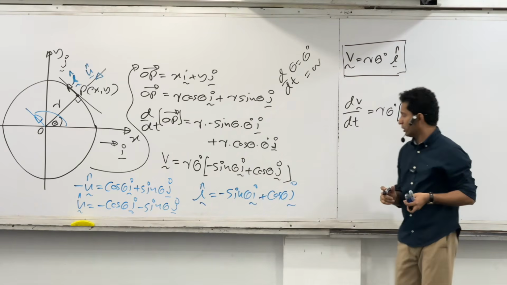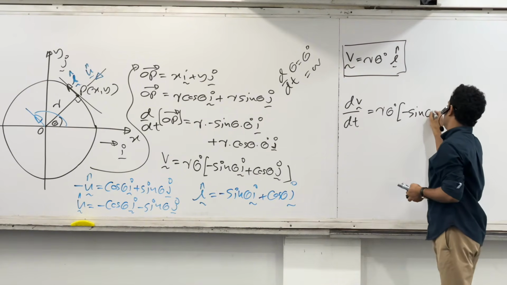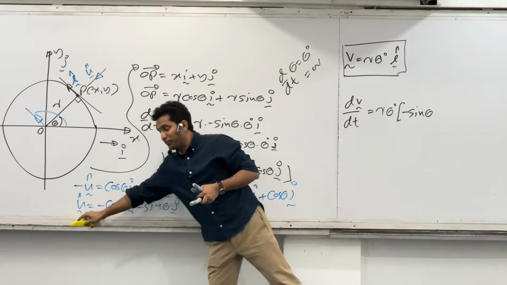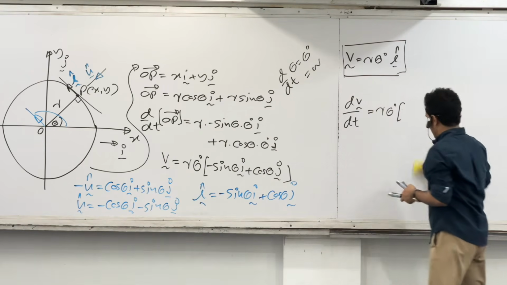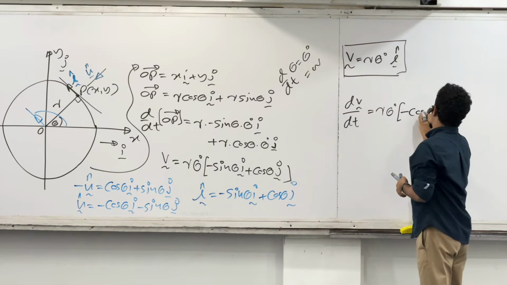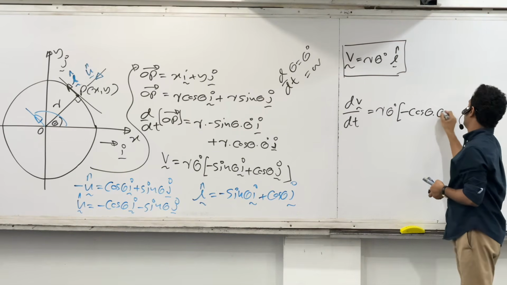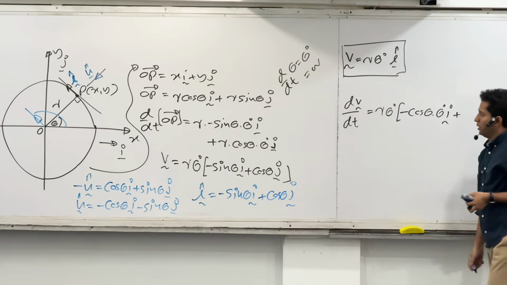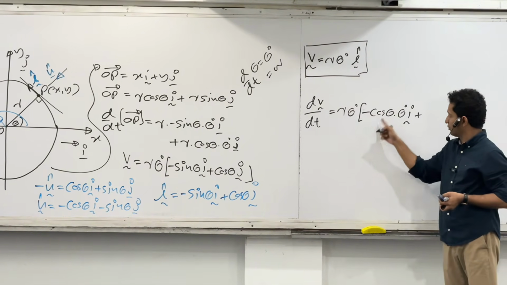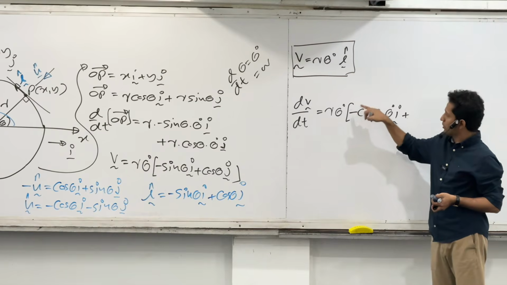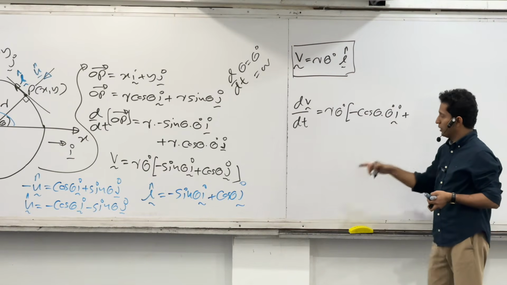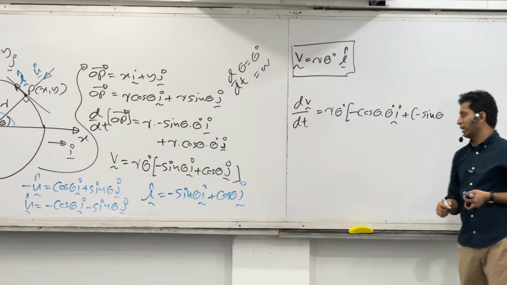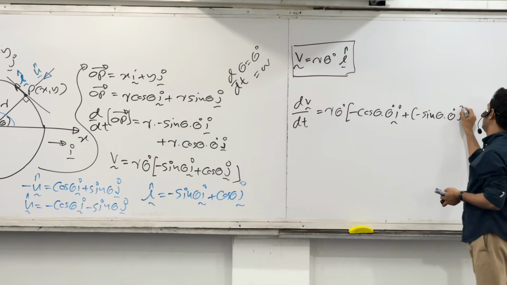When you differentiate this one, the differentiation of minus sin theta goes to minus cos theta, right? So we get minus cos theta times theta dot into i, plus the differentiation of cos theta, which is minus sin theta times theta dot into j.